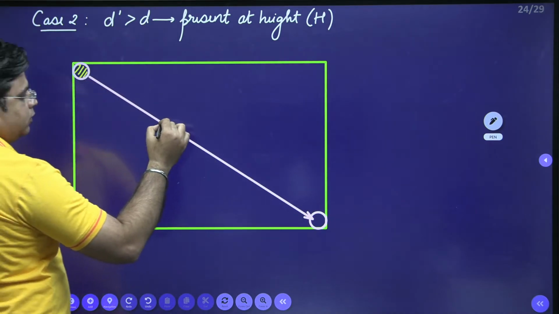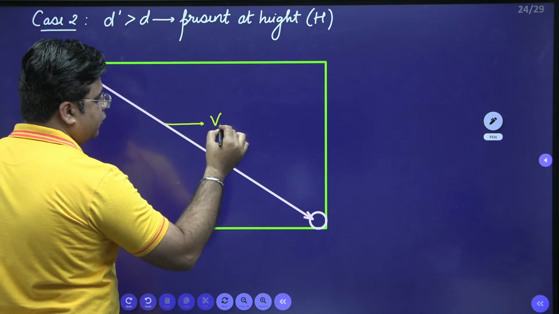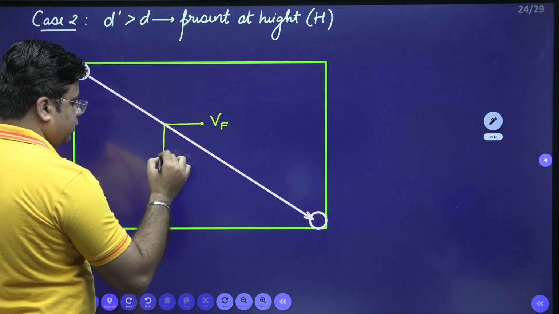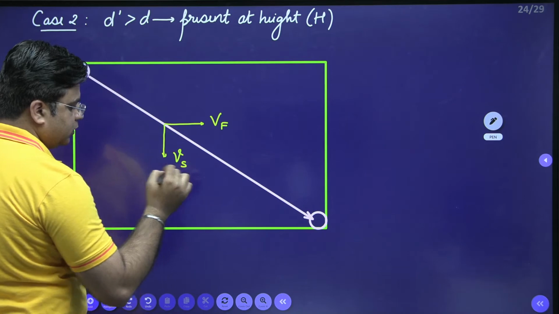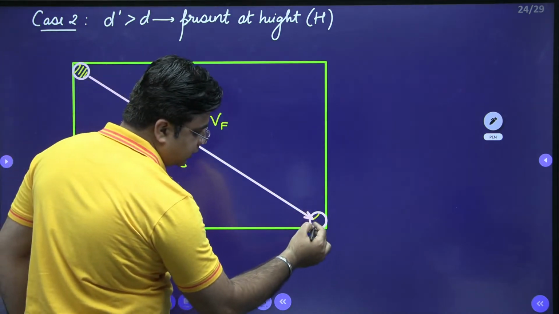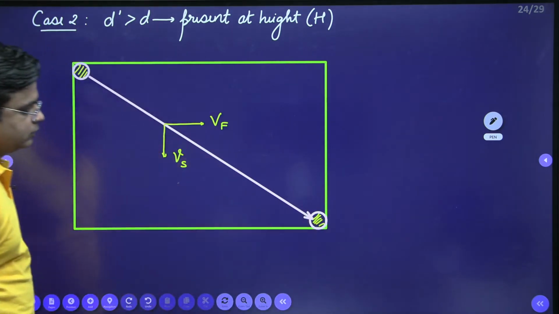Velocity of flow is Vf and vertical velocity is Vs. Okay. This is how it reaches the bottom of the tank like this.